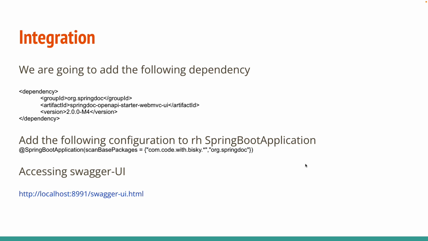We are going to use version 2.0.0-M4, and we are going to add the following configuration on our Spring Boot application: scan base packages, the com.code with Bisky package, and this one is for Swagger, org.springdoc. To access this endpoint, you just enter your domain, here on localhost, and your port, /swagger-ui.html.